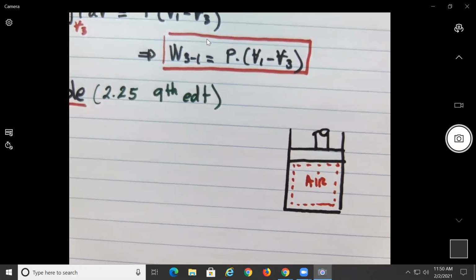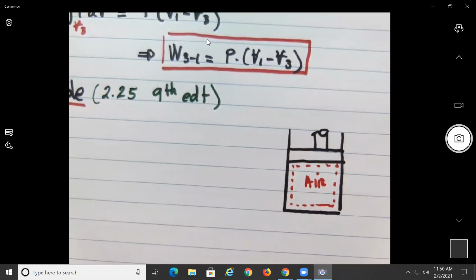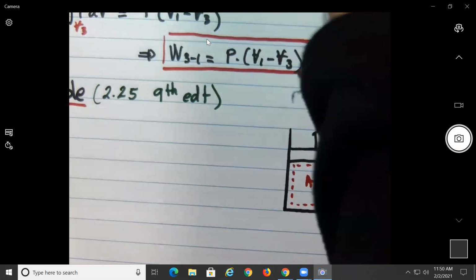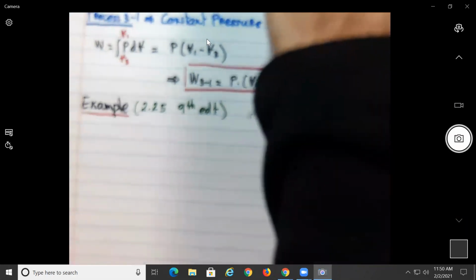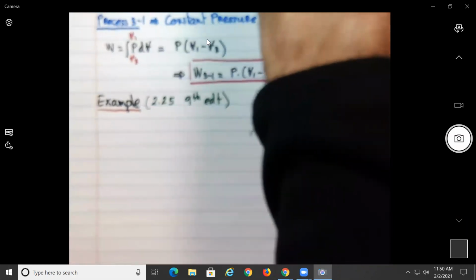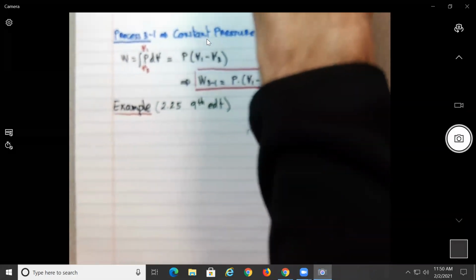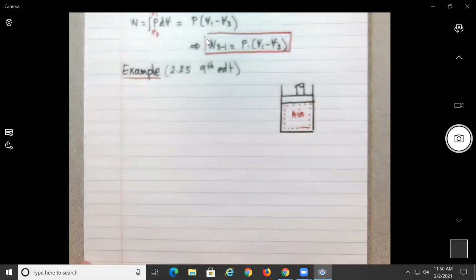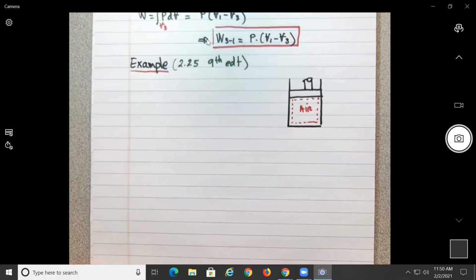This will be your system. Let me zoom out. Remind me if I'm moving out of the page, let me know.